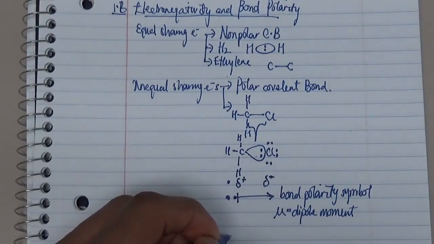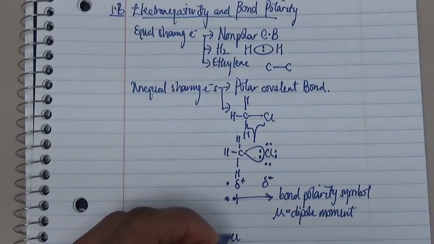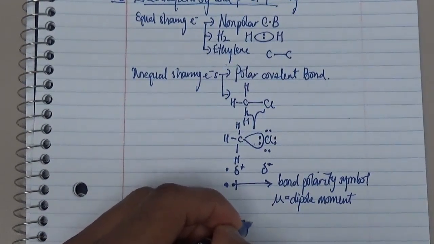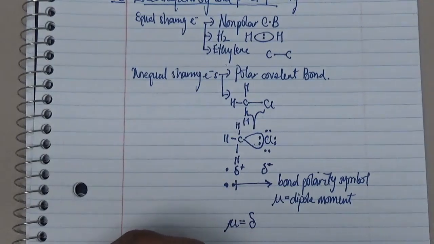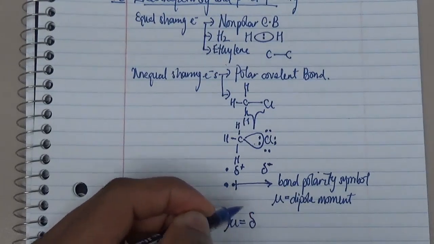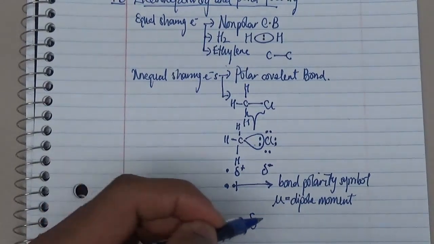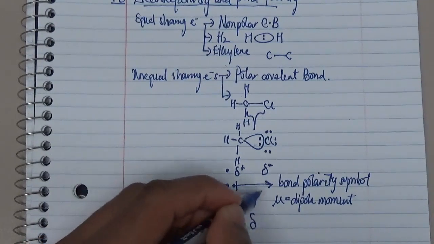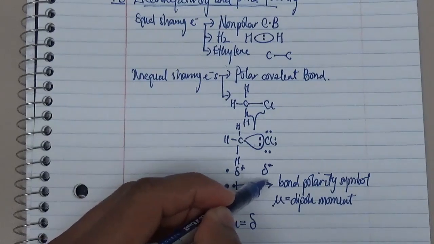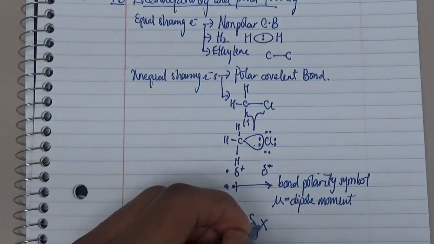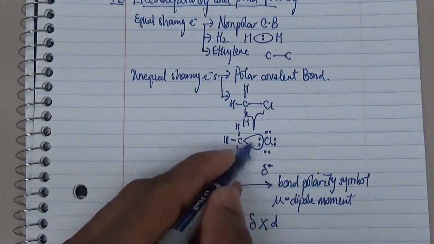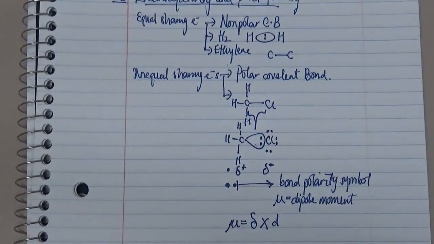So the calculation is mu equals the amount of charge separation between the positive and negative charge multiplied by the distance between the two atoms.